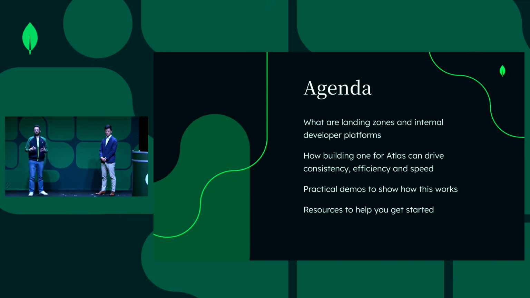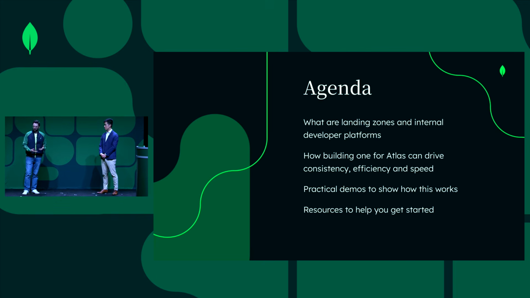So I'm going to give a little bit of a preamble, a little bit of a teaser as to why this is actually important. There's a lot of hype around building new things, but sometimes the forgotten heroes are actually managing these things and running the operations behind the scenes. So we're going to talk a little bit about cloud landing zones, MongoDB Atlas landing zones, and how to fold those into your internal developer platform, and why building one matters, how you can drive consistency with your deployments, operational efficiency, developer speed and agility, some key outcomes for actually building these things.